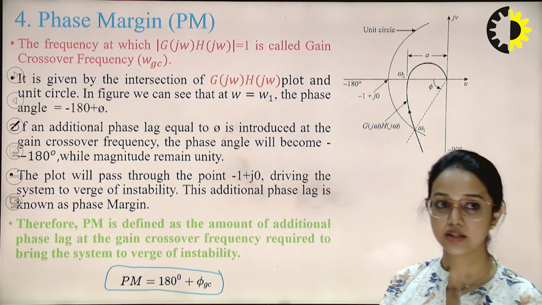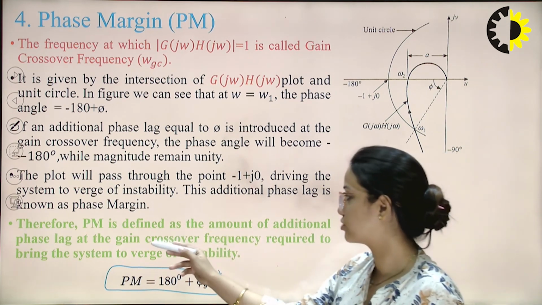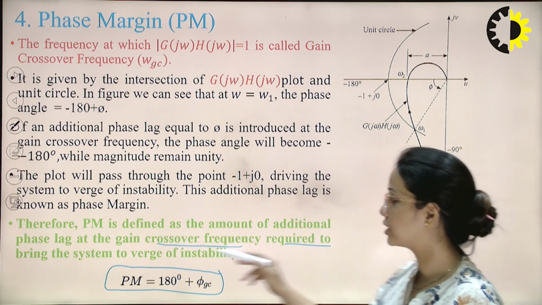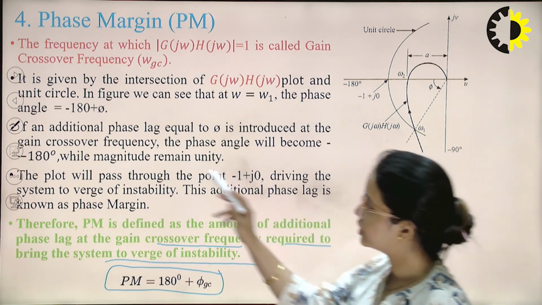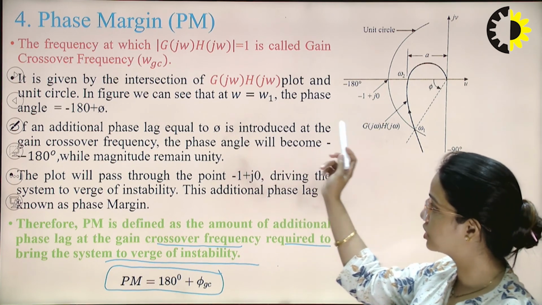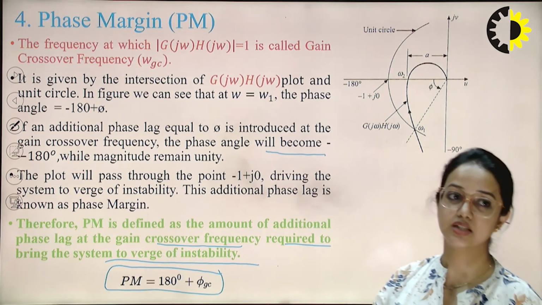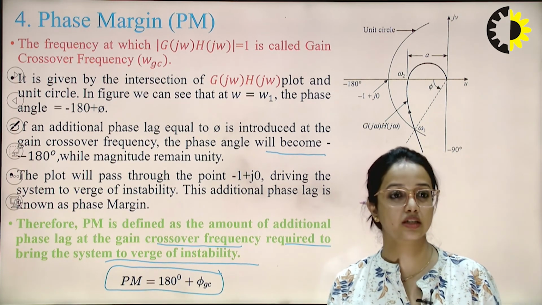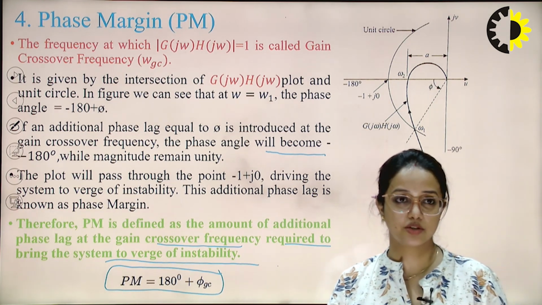Therefore, phase margin is defined as the amount of additional phase lag at the gain crossover frequency required to bring the system to the verge of instability. So, if an additional phase lag equal to phi is introduced at the gain crossover frequency, the phase angle will become -180 while the magnitude remains unity. This is the concept of gain margin and phase margin from the polar plot.